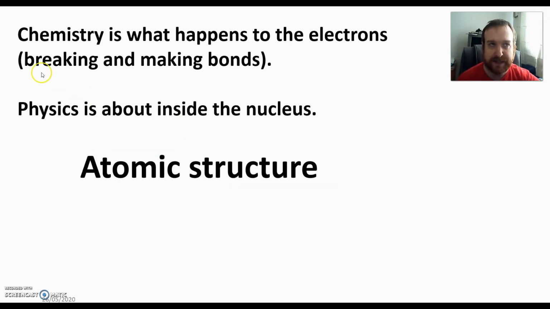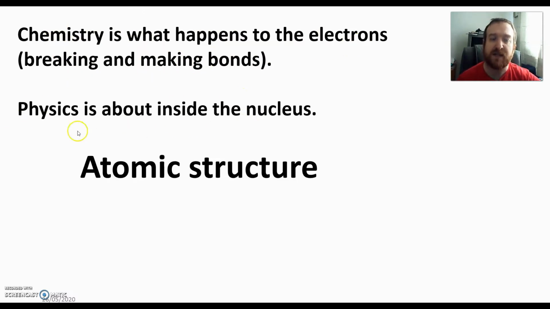Now, there's massive overlaps in this topic between chemistry and physics. Huge. Okay, in chemistry, you are going to learn about, in slightly different ways, the history of the atom, how that changed over time. Okay, but chemistry is more about making and breaking bonds and what happens to the electrons.